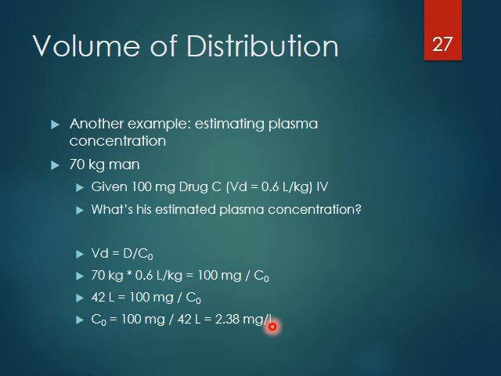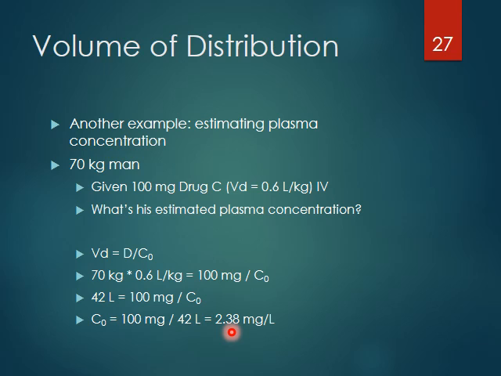So what that means is if I give this 100 milligram dose to this 70 kilogram man, and I were to measure his blood level, I should get something approximating 2.38 milligrams per liter. And this is useful because that way you can at least have a decent idea of what dose you should give someone in order to achieve a certain concentration.